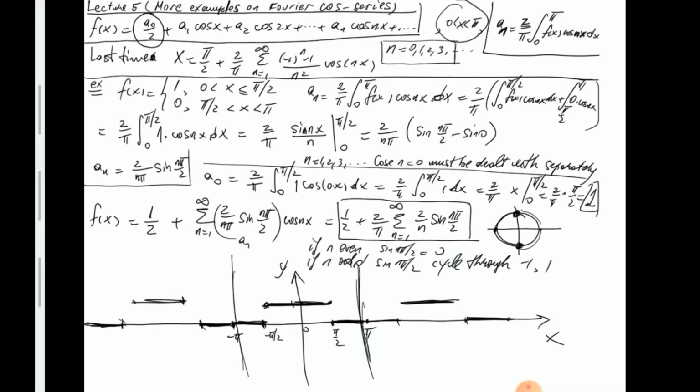And that continuous function approaches this discontinuous function as you increase the number of terms that you add in the series. I'm going to comment on this when I show you the example with Maple.